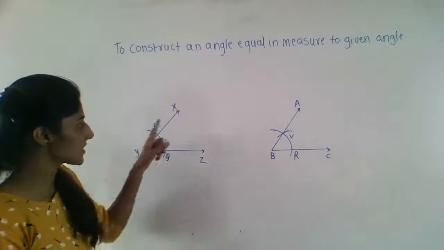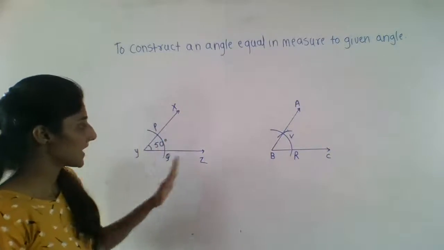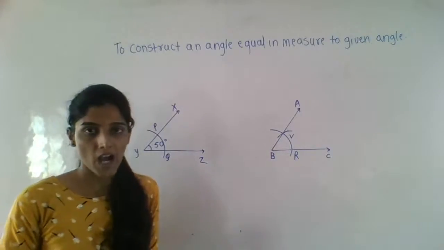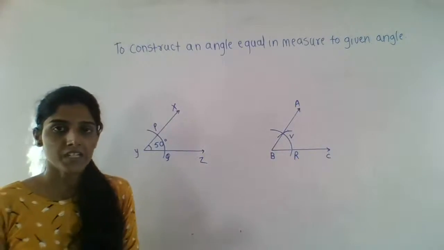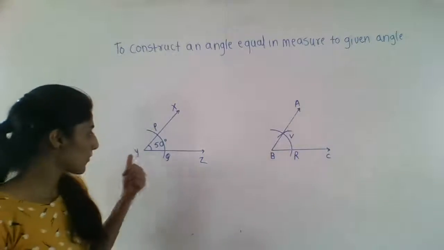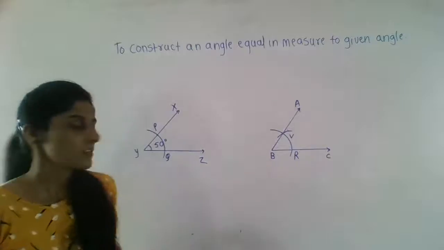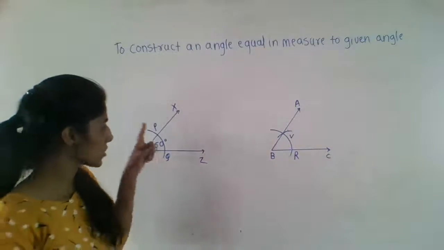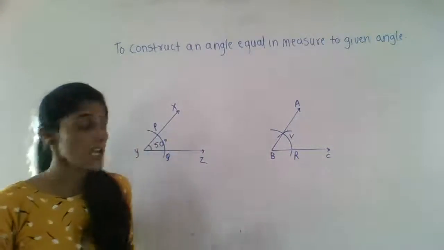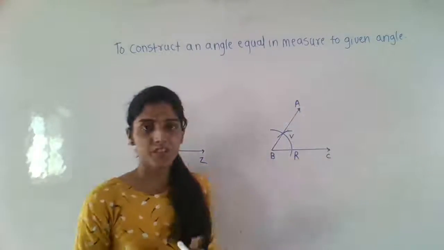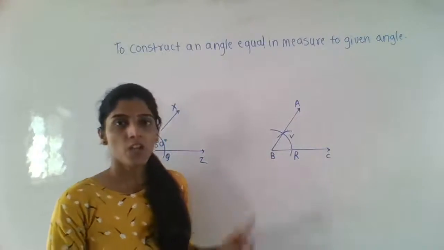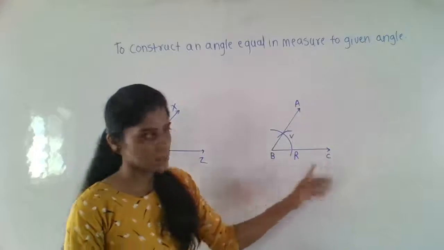Very simple. First, if the angle is given like XYZ, then draw an arc with any convenient distance by placing the point of the compass on the vertex. Draw an arc which cuts both rays. With the same distance, keep your point on vertex B and draw an arc which cuts the ray BC.